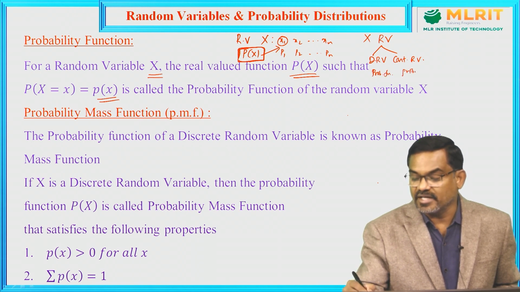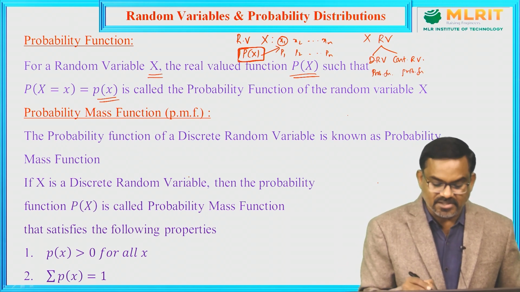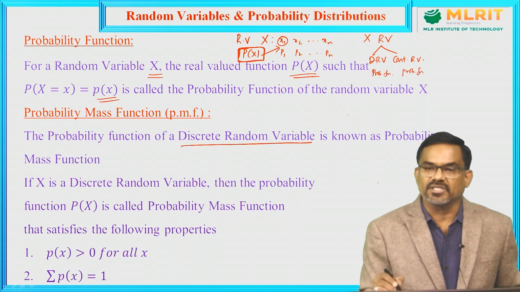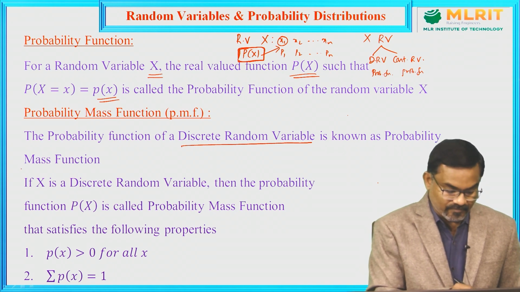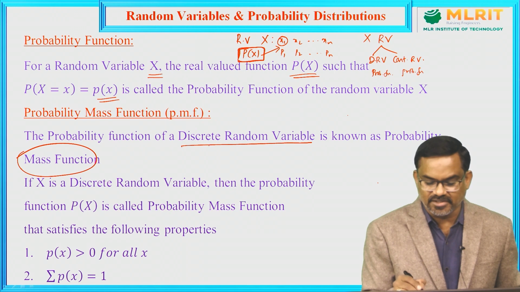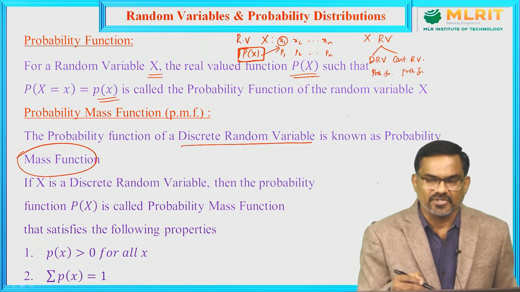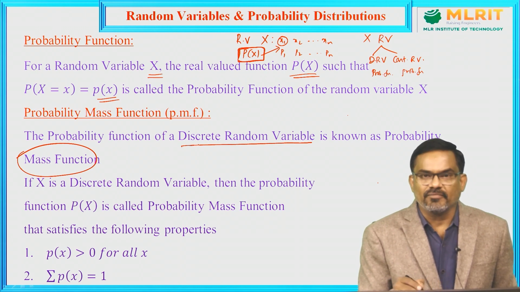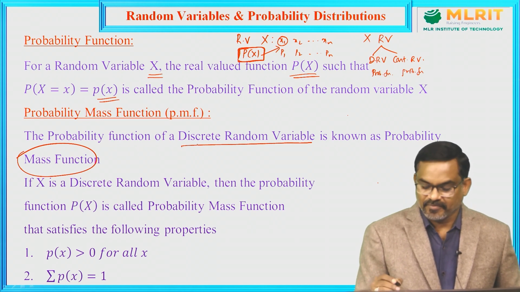If capital X is a discrete random variable, then the corresponding probability function is called the probability mass function. So, the definition is simply that the probability function of a discrete random variable is known as the probability mass function.